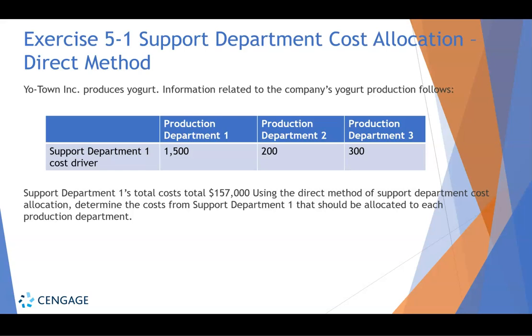Support Department 1's total costs are $157,000. Using the direct method of support department cost allocation, determine the costs from support department 1 that should be allocated to each of the production departments.